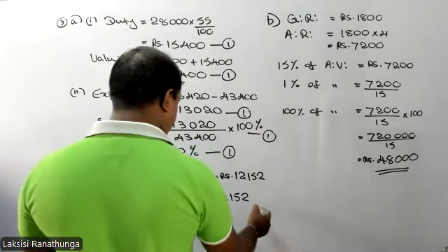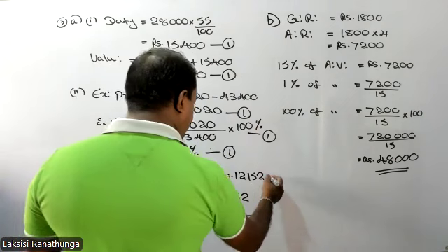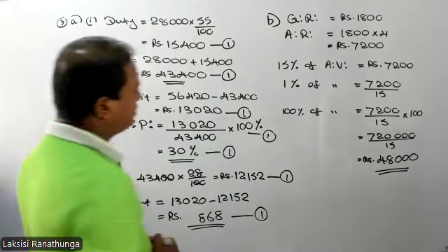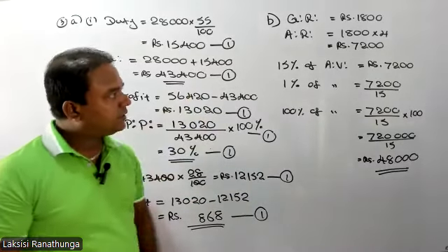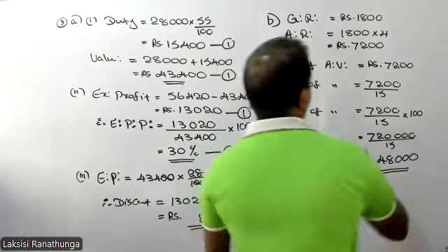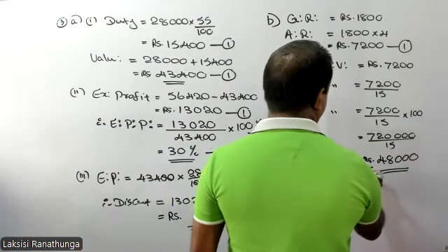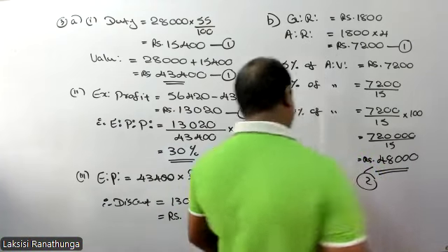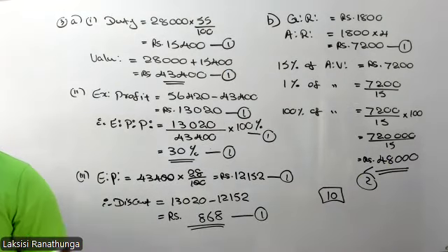Now here 12,152, 1 mark, 868, 1 mark. Sorry, 1 2 3 4 5 6 7. Now here annual rates 1 mark, 48,000 2 marks. Now all together 10. Third question 10 marks. You recorrect it.